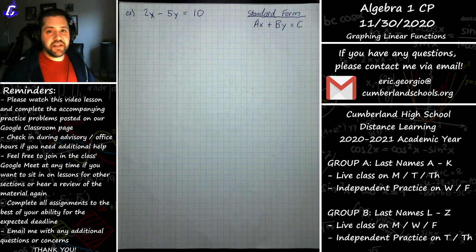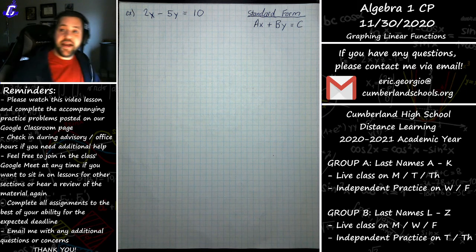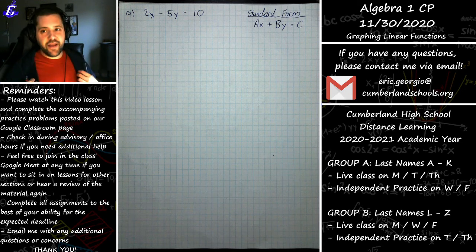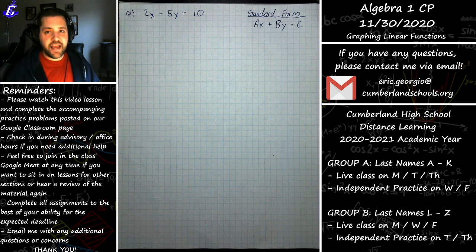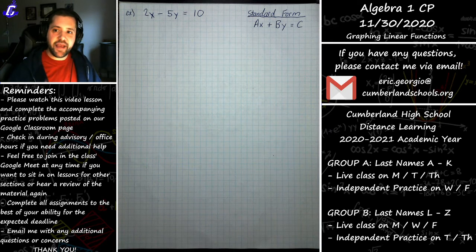Unfortunately, it doesn't really give us much information right off the bat. It's not like slope-intercept form that gives us the slope and the y-intercept right out of the gate. So you might be like, why even bother with standard form? Well, you're going to see a little bit later that a lot of word problems translate very directly to standard form versus slope-intercept form. So this is a little bit more useful when we're actually dealing with applications.